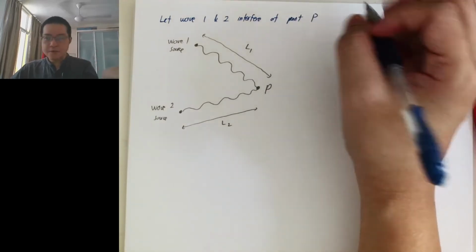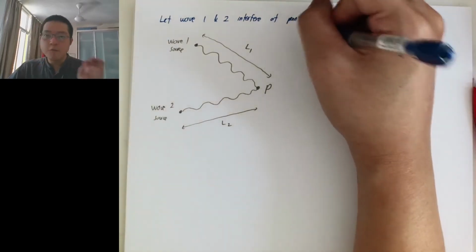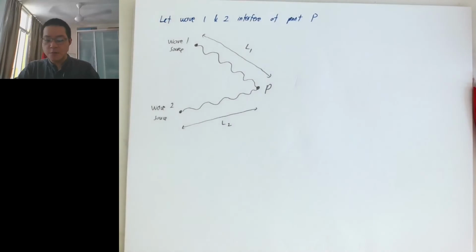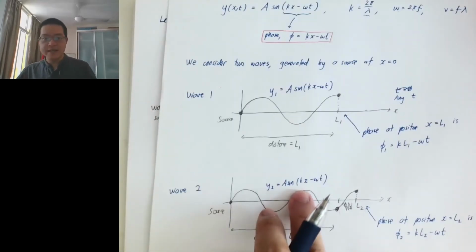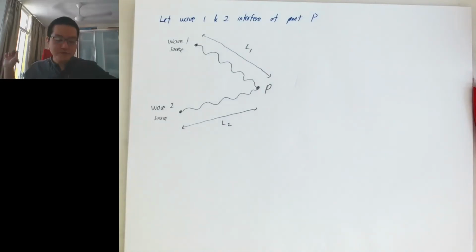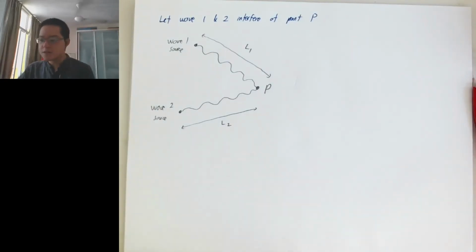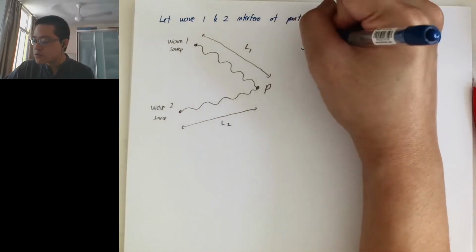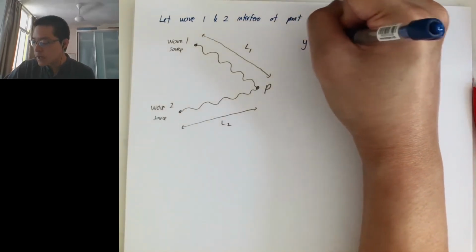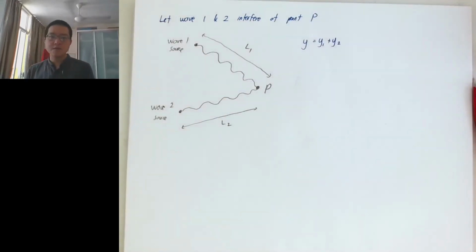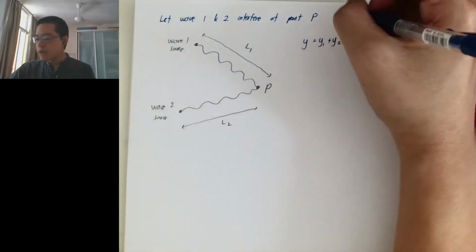And by the superposition principle, if y1 and y2 are solutions to the wave equation, because definitely they are just sine functions, and we have spent a lot of time showing that it's a solution, then y1 plus y2 is also a solution. And what is y1 plus y2?